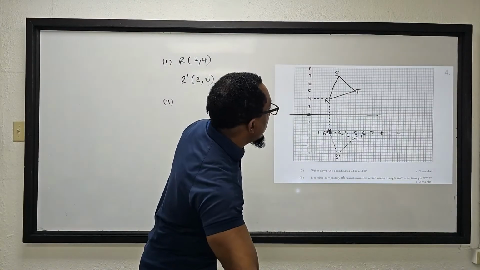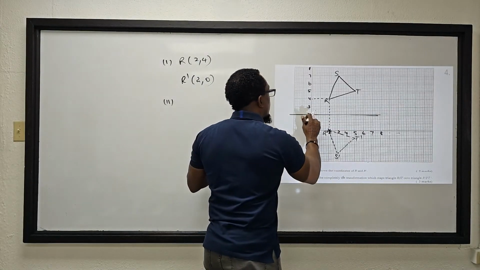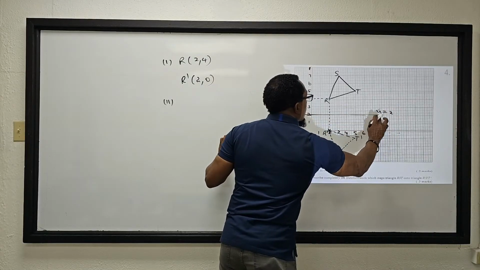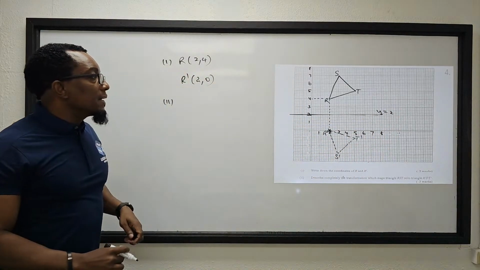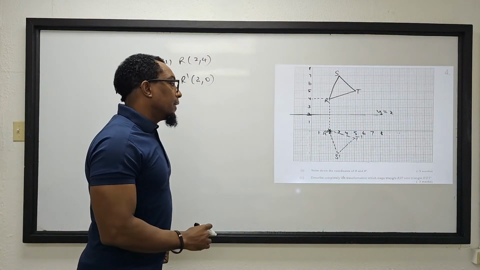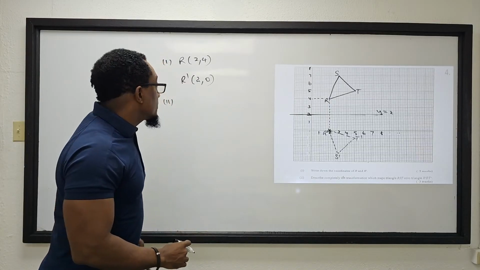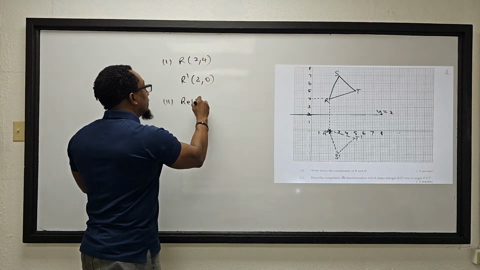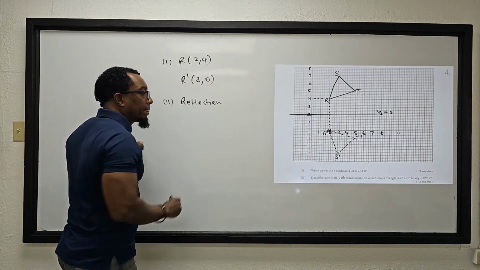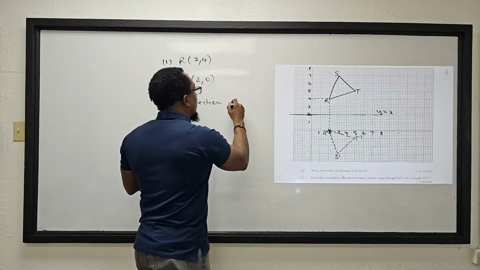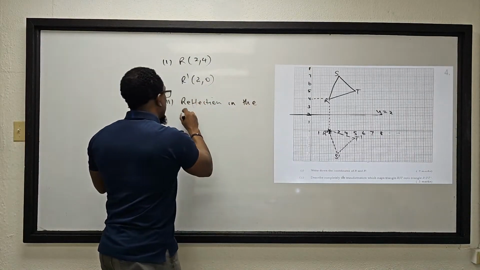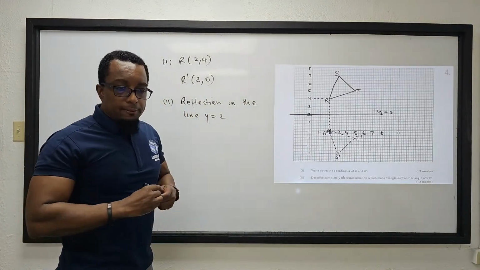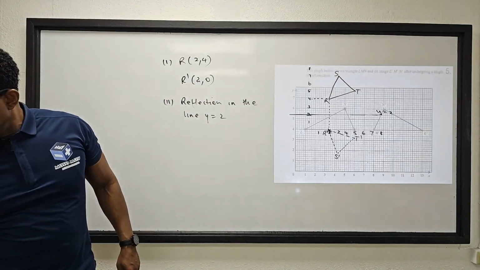So for us to describe it completely, this is a reflection in the line y equal to 2. Alright? Let's move on to another.